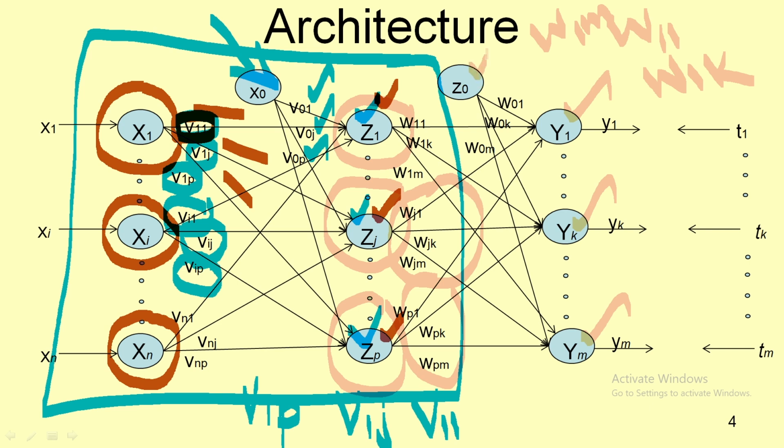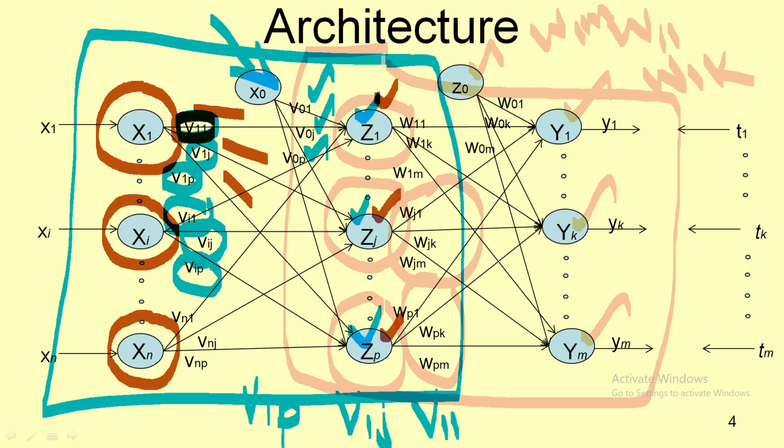Here also you have the bias value z0, and that z0 is connected with the corresponding output nodes via the weight connections w01, w0k and w0m. So this is the second phase of the connections, between the hidden layer as well as the output layer.